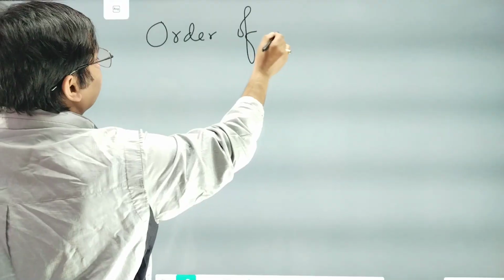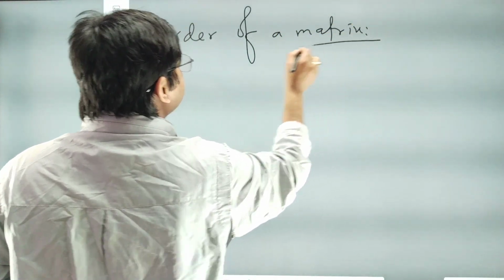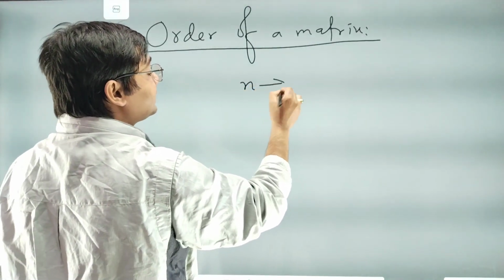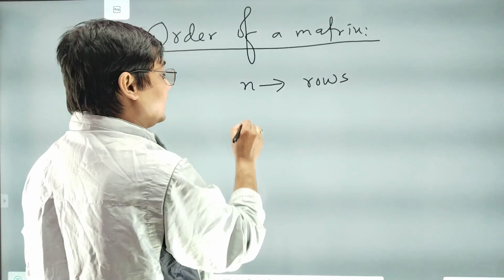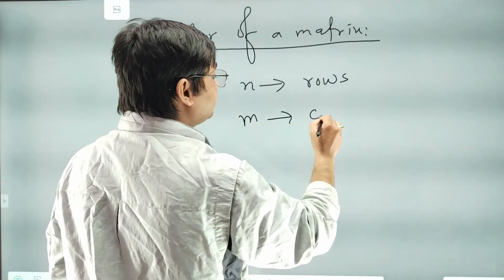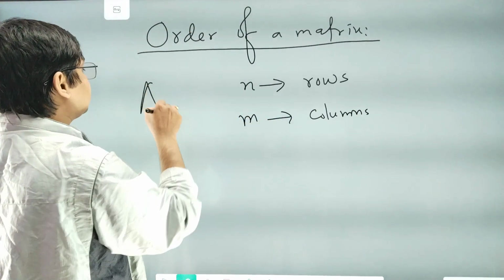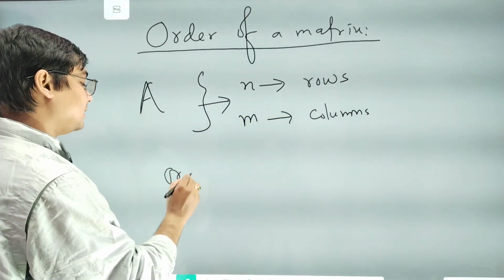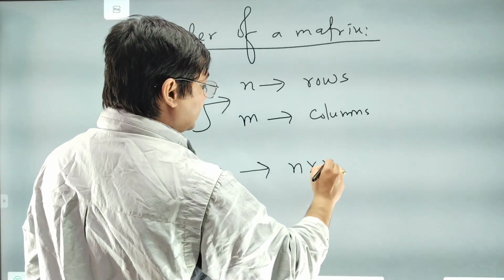Okay, of a matrix. Yes, order of a matrix. So guys, if a matrix A has n rows and m columns, then the order will be n by m.